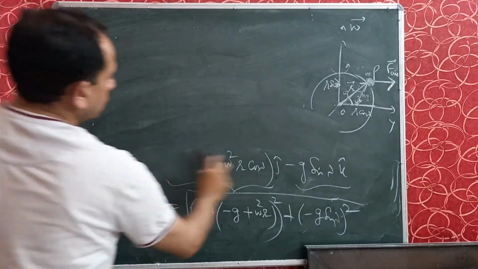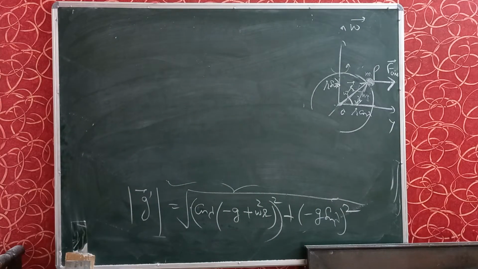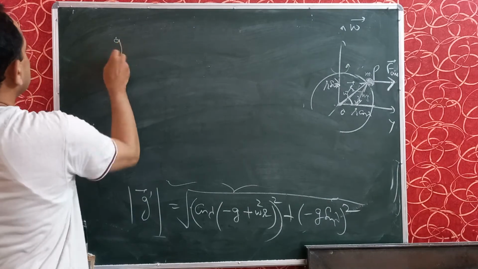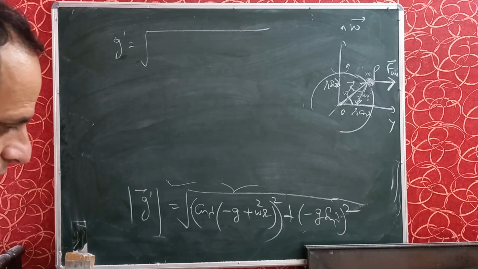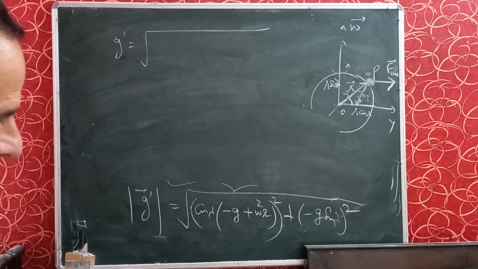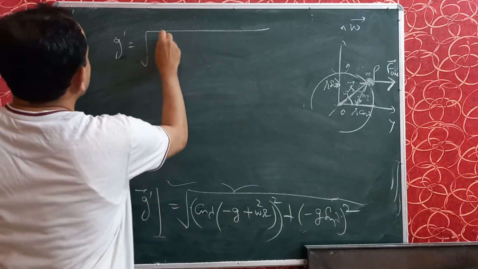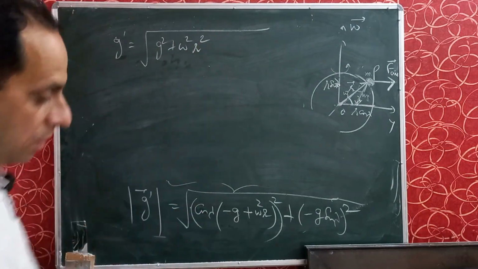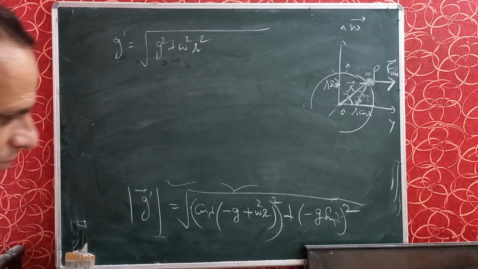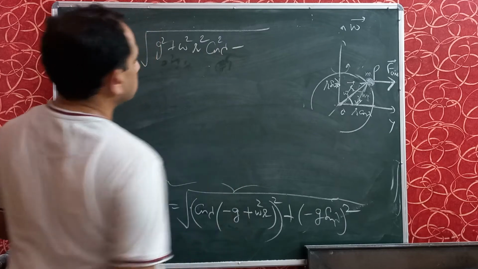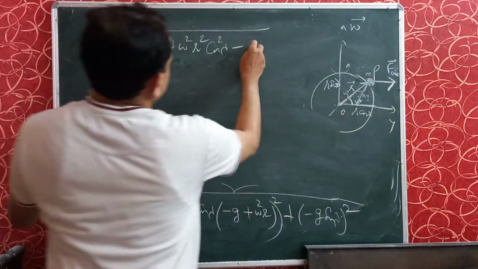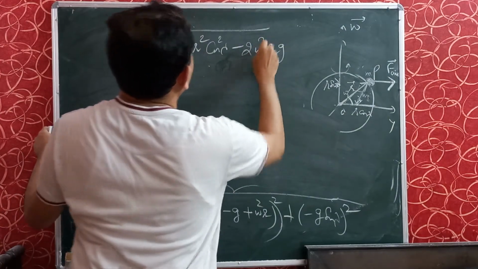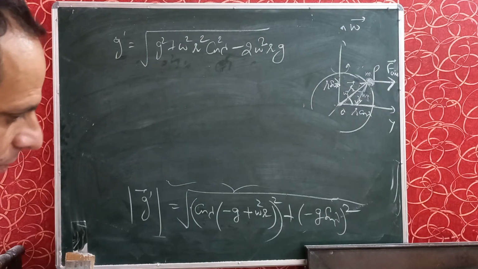So finally you can solve it yourself, and you will find that g dash is equal to the square root of g square plus omega to the power 4 r square into cos square lambda minus 2 omega square r g into cos square lambda.